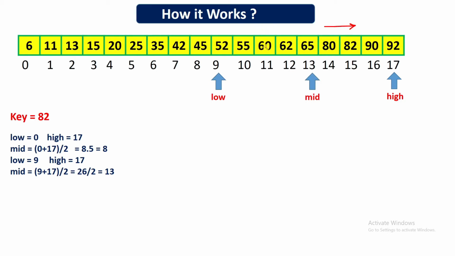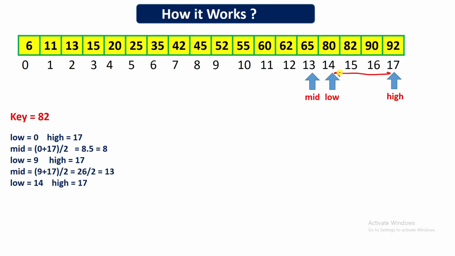This is an increasing sorted array, and 82 is greater than 65, so 82 will be on the right side. So my range will be from 14 to 17. Your low pointer will be shifted to this point, so now you have a new range, 14 to 17.